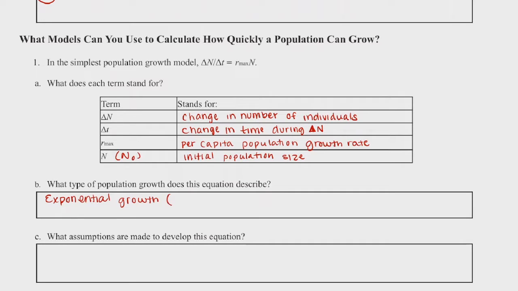We would call this J-shaped, curved. And then C, what assumptions are made to develop the equation?